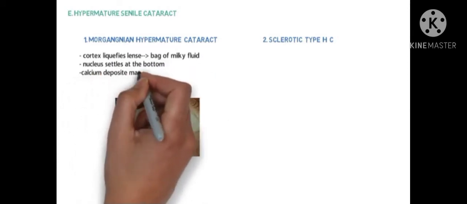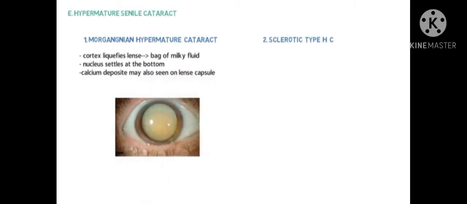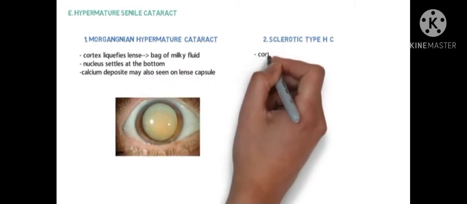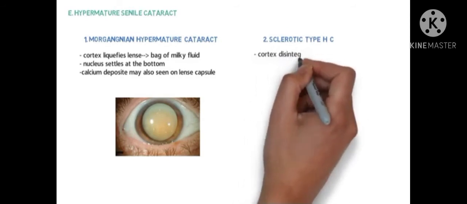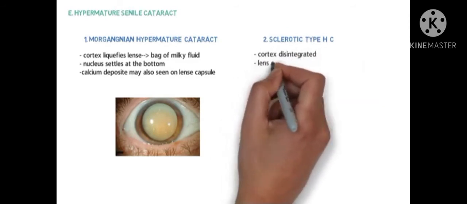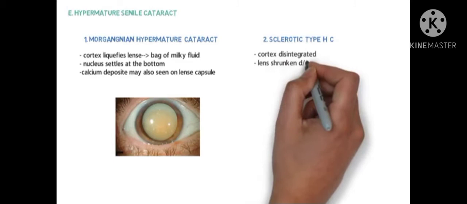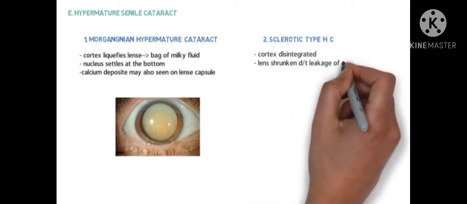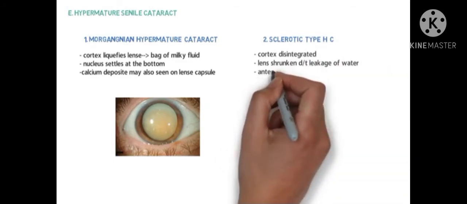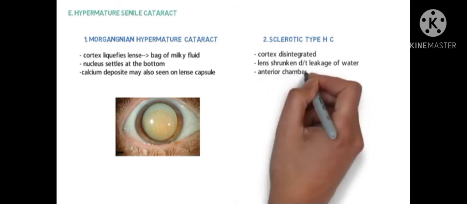Okay. The other one is sclerotic type of hypermature cataract, in which the cortex is disintegrated and the lens becomes shrunken due to leakage of water. Anterior chamber may become deep, and due to this there is a tremulous iris.